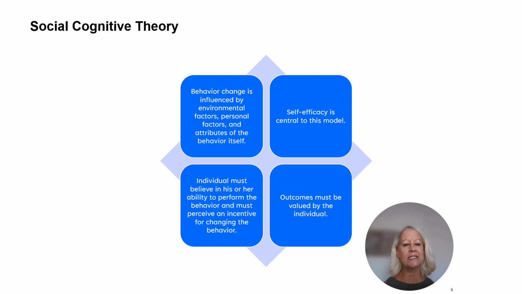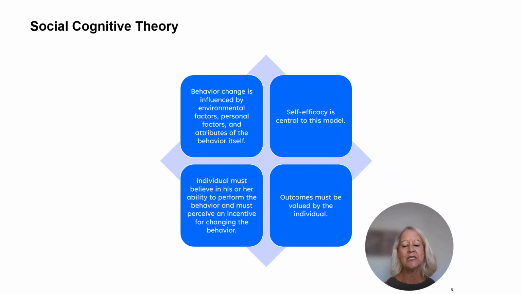Self-efficacy, again, is the belief in one's ability to organize and execute the actions required to manage prospective situations, and it is central to SCT, or social cognitive theory. Without self-efficacy, motivation to change behavior is limited. It's built through mastery experiences, social modeling, verbal persuasion, and interpretation of physiological states such as anxiety versus excitement.